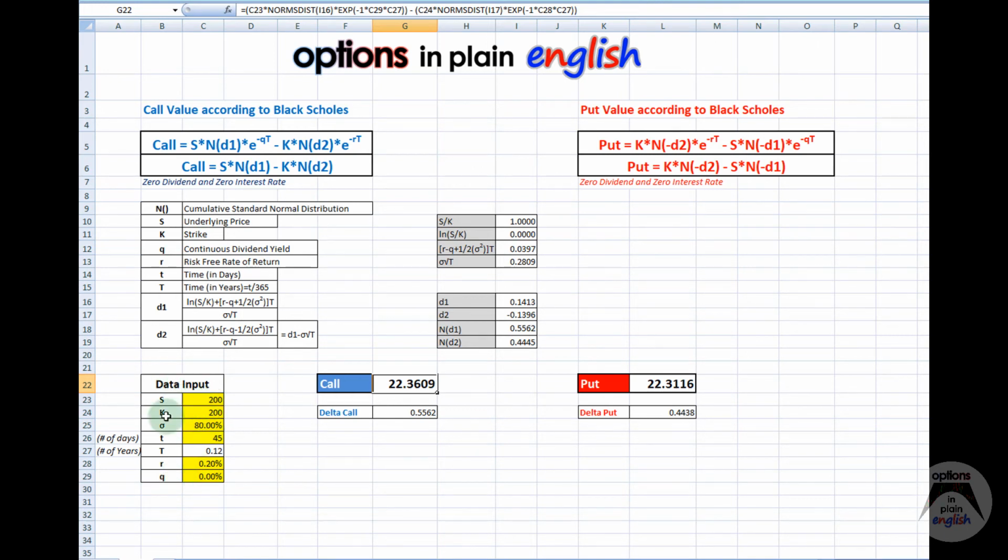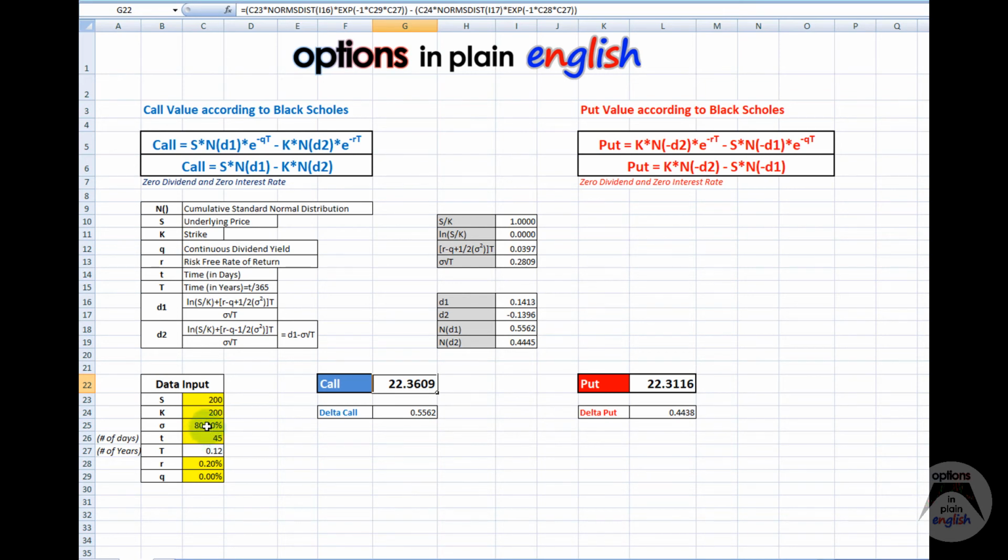Okay, so for example, if I have a stock price that's trading at 200, the 200 strike price, with an implied volatility of 80 and with time to expiration at 45 days with a risk-free interest rate of 0.2% and a continuous dividend yield of 0, so no dividends, this would be the value of a call at the $200 call and the $200 put.